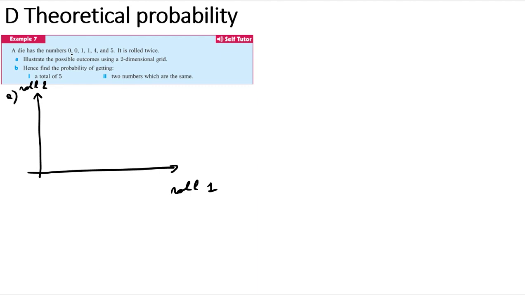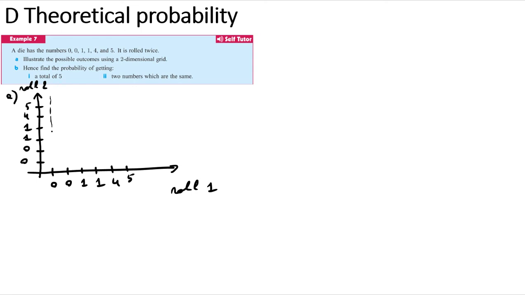The possible answers are 0, 0, 1, 1, 4, 5, and the same for the second roll.